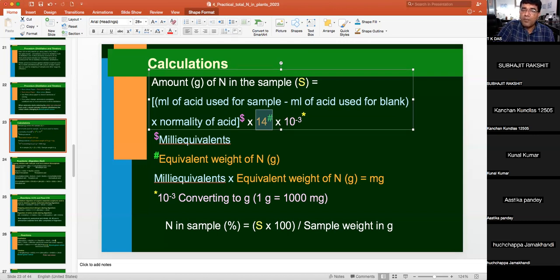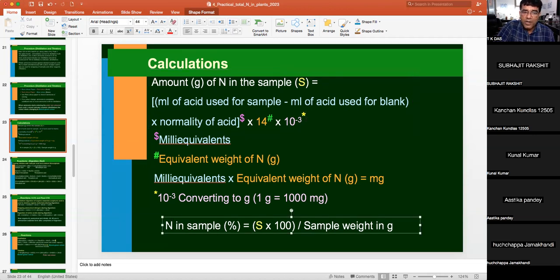Here you are converting milligram into gram, so divide by 1000 and you get the grams of nitrogen in the sample. By this formula: ml of acid used for sample minus ml of acid used for blank into normality gives milliequivalents. Multiply by 14, it gives milligrams. Then milligrams divided by 1000, you get grams. So that many grams of nitrogen are there in your sample.